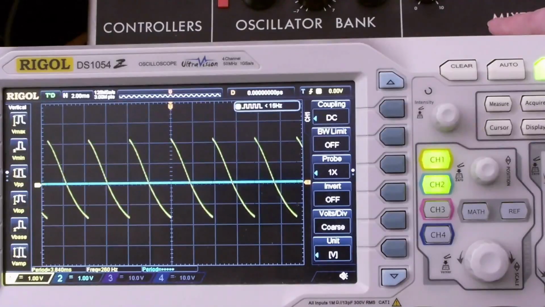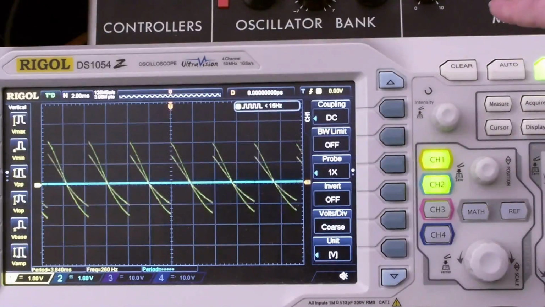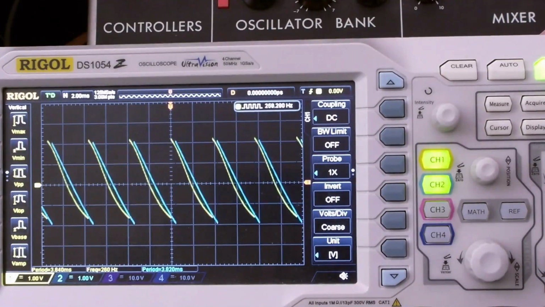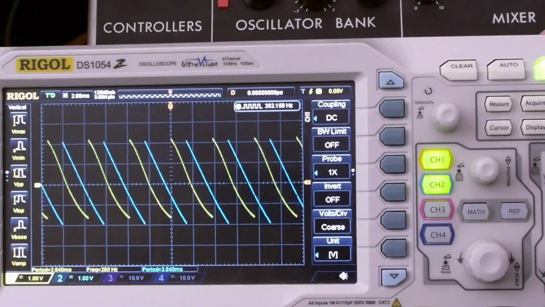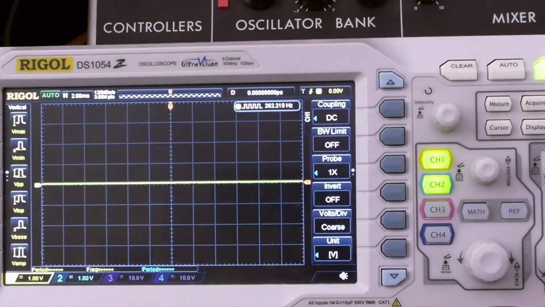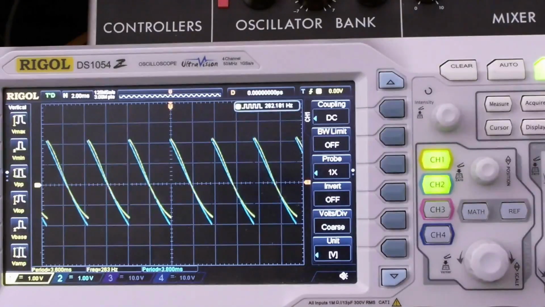Minimoog. 55. Here are both outputs at the same time. I'll reduce the sound as we look at some differences.